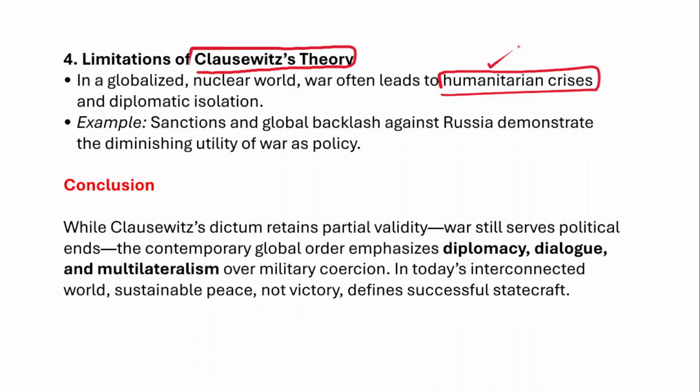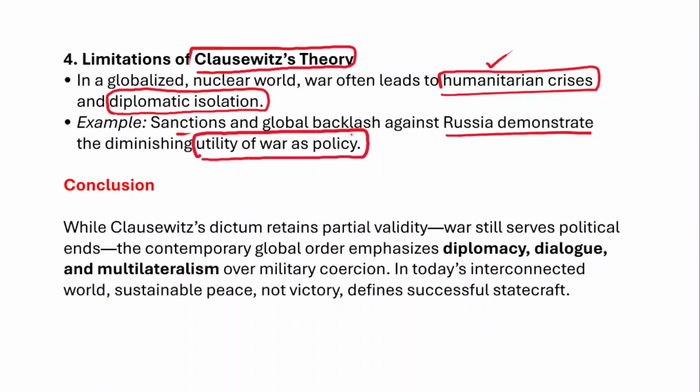Therefore, in a globalized world, war leads to diplomatic isolation and also to large-scale humanitarian crisis. Because of all these reasons, there will be sanctions on countries, such as the global backlash against Russia and the unilateral sanctions imposed on Russia by both Europe and the US. All these factors have been diminishing the utility of war as a policy. Countries are not pursuing war as a policy because they fear sanctions, because we are living in a globalized world.